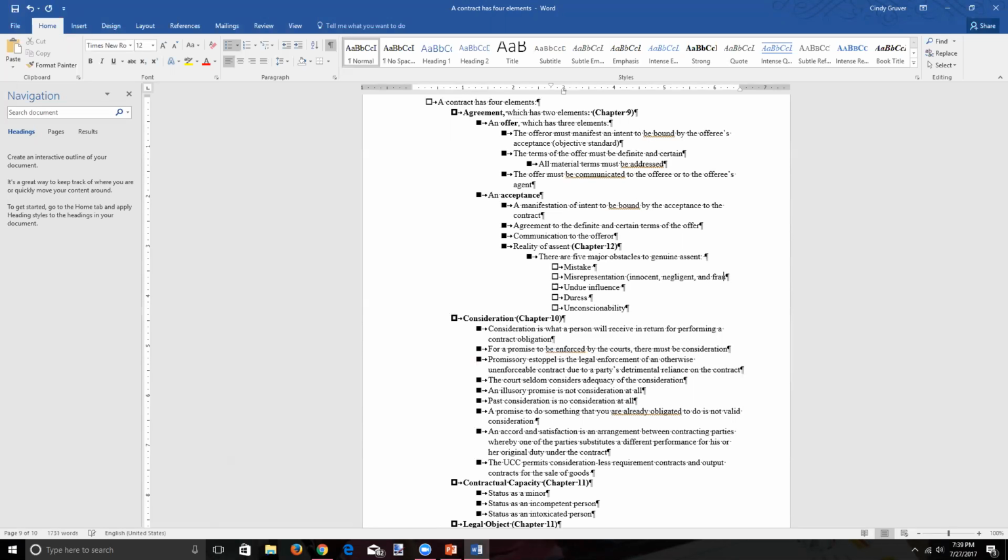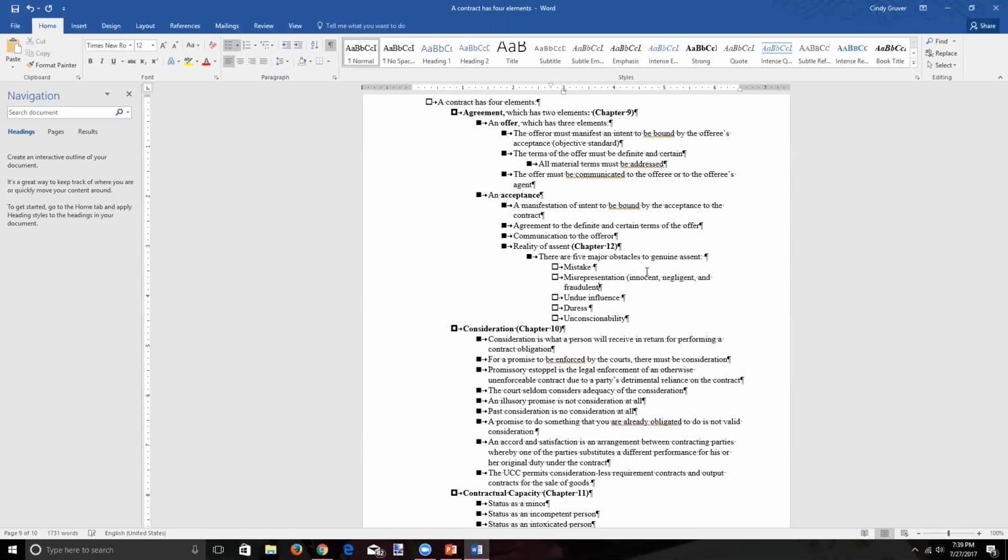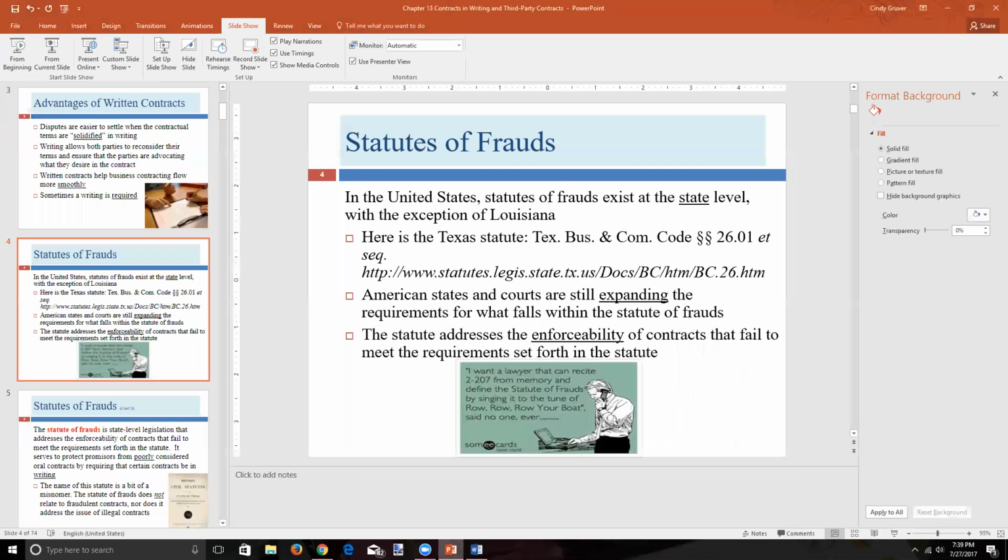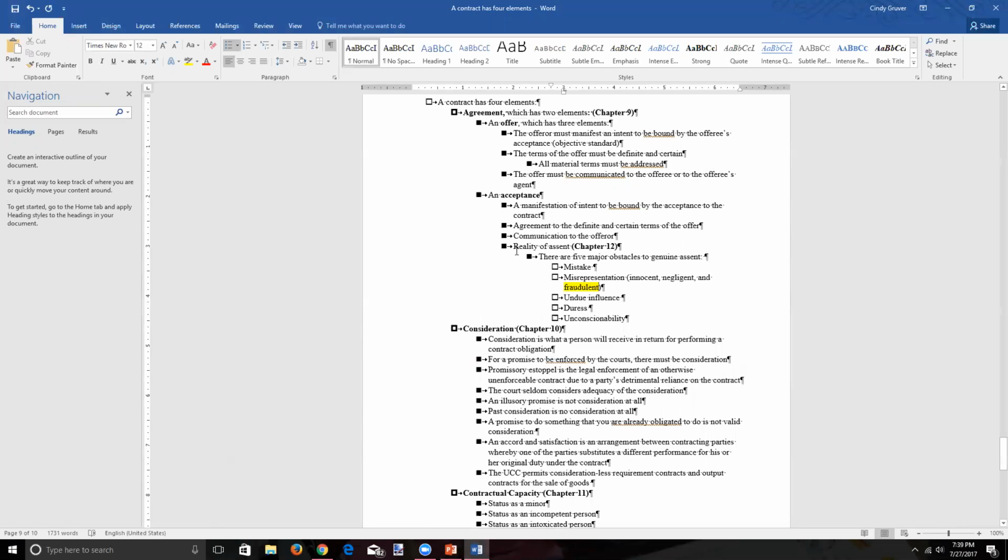and fraudulent misrepresentation. And of course, fraudulent misrepresentation is a type of fraud, right? So when I see the term Statute of Frauds, my first thought would have been, oh, we're going back to this whole reality of assent. We're going to talk about circumstances in which one party has deceived the other party.